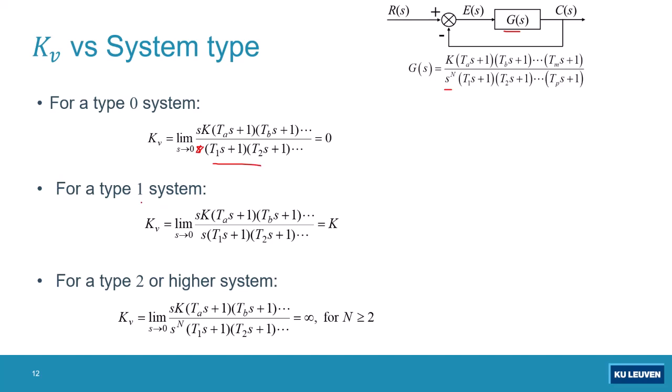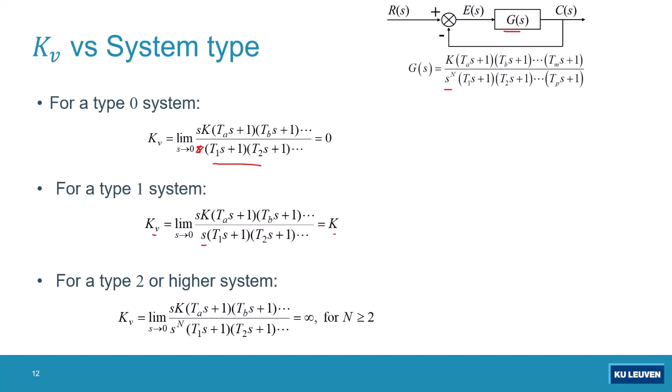While for type 1 system, we will have one pole that is equal to 0 in the open loop transfer function. If you evaluate it, the static velocity error constant will be equal to the gain of the open loop transfer function. So in short, for type 1 system, we will have a finite static velocity error constant.